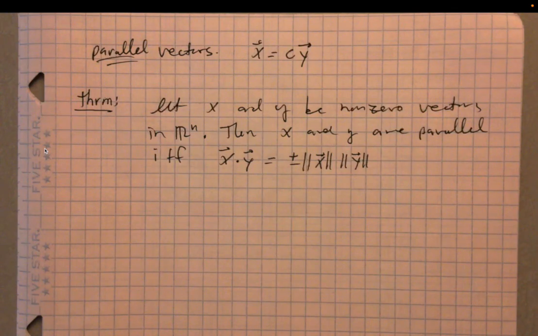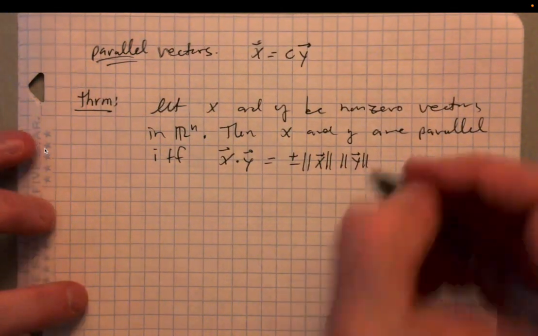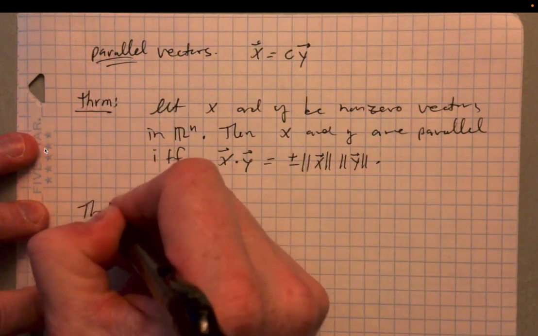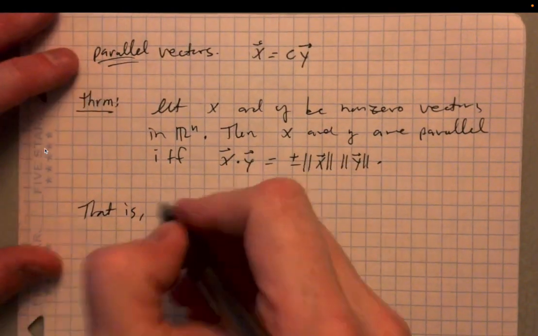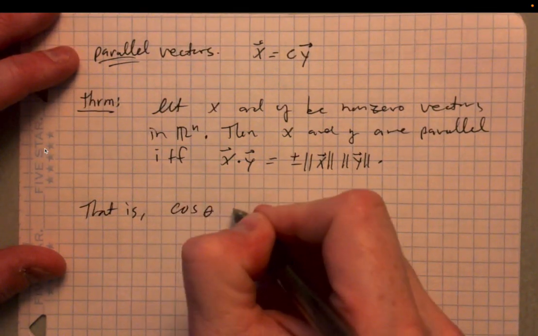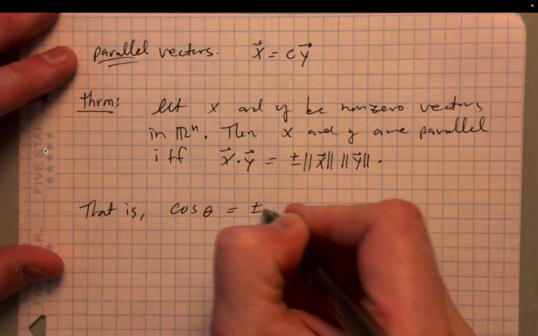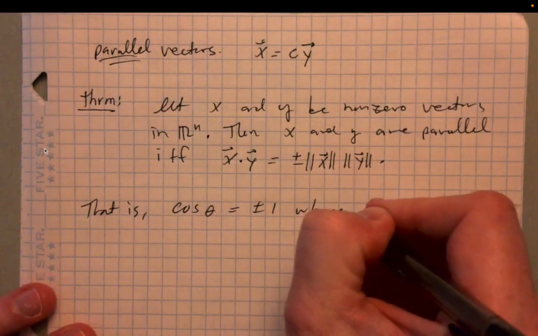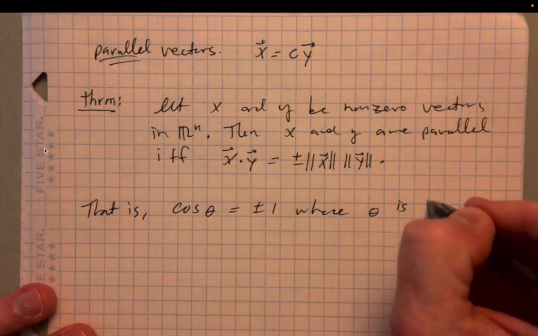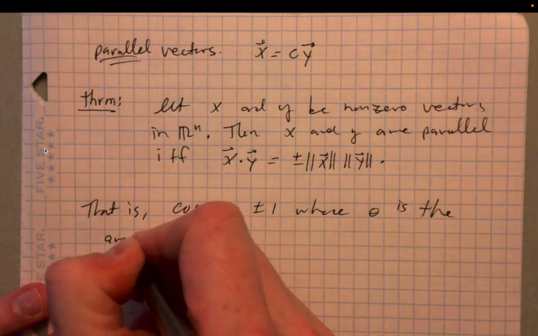So what does this mean? That is basically cosine of theta needs to be equal to plus or minus 1, where theta is the angle between them.